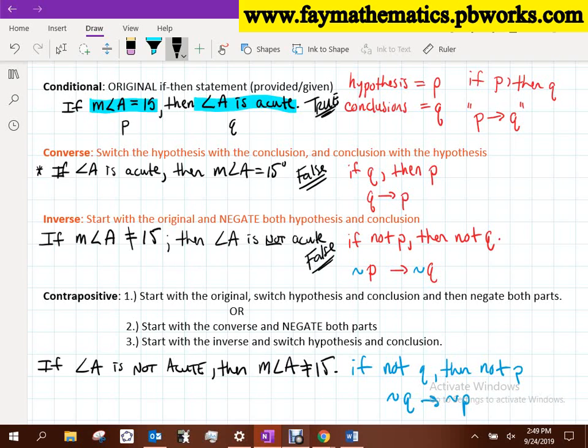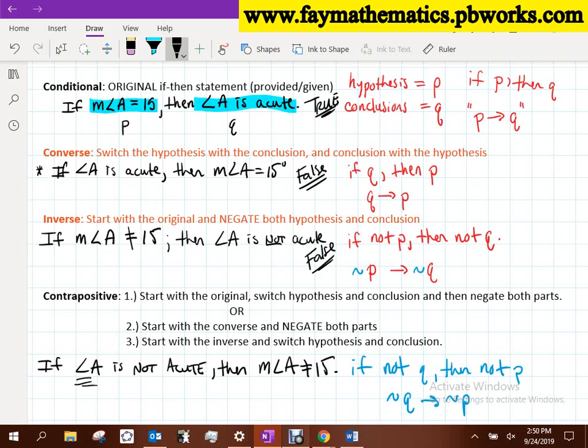So if it's not acute, it has to be what? What are my other options if it's not acute? Right, obtuse, or a straight angle of 180, right? Those are my options. Are any of those 15? No. Right? Okay, so it says it's not acute. So angle A is either 90 degrees or bigger, essentially, right?